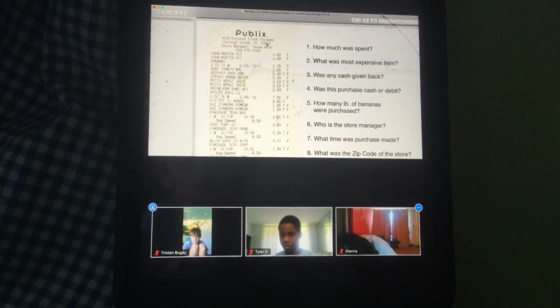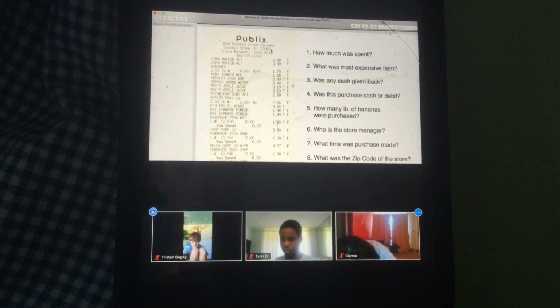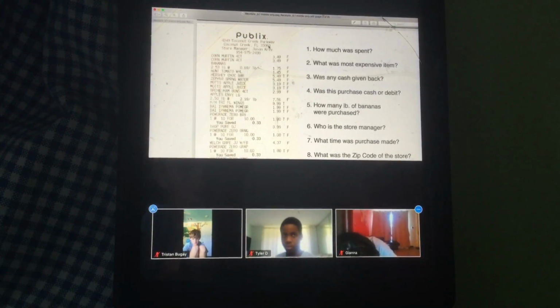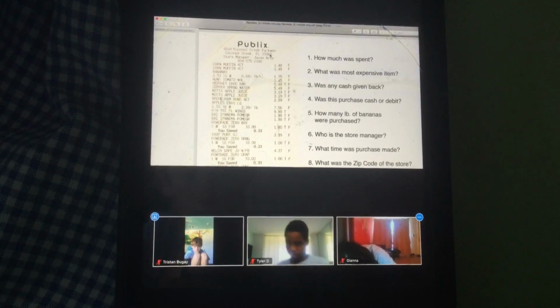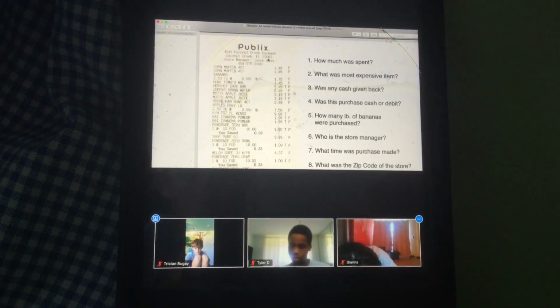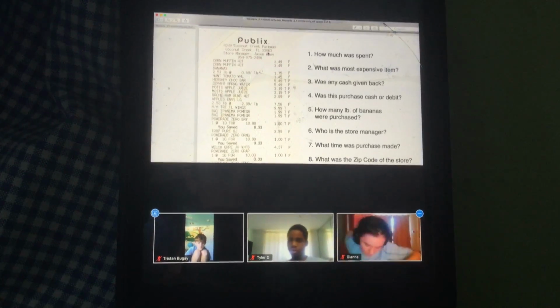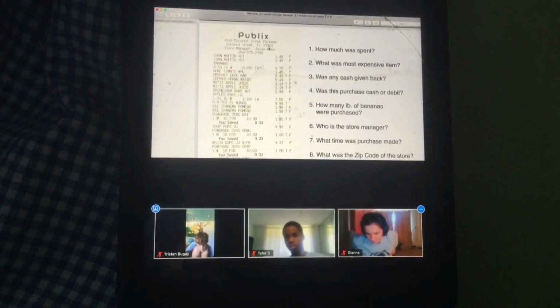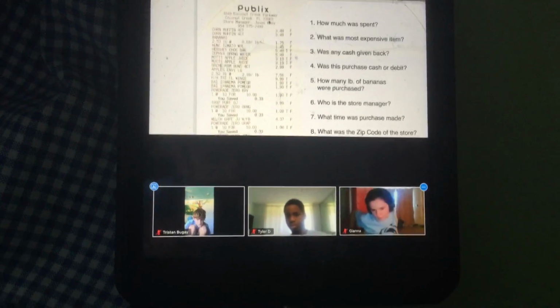Now read the address and look for where the zip code is. Right there. 33063. That's correct. Your zip code will always be at the end of your address after the state. So Florida, 33063.